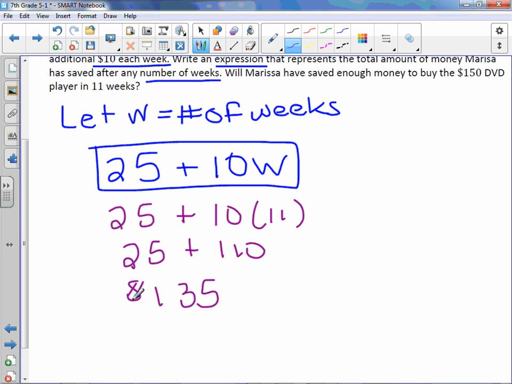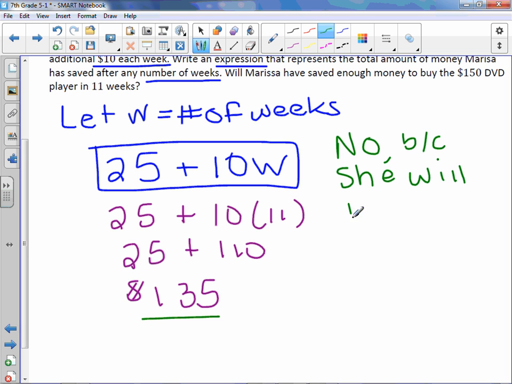Will Marissa have saved enough money to buy the $150 DVD player? Well, according to this, she only saves $135. So the answer is no. And I'm going to just put a brief explanation. No, because she will have only saved $135.